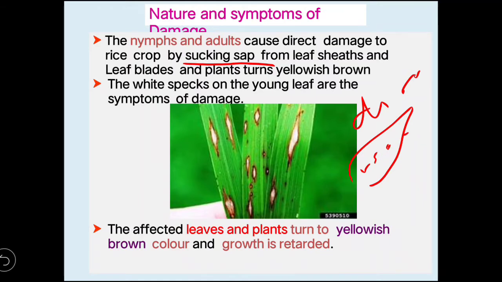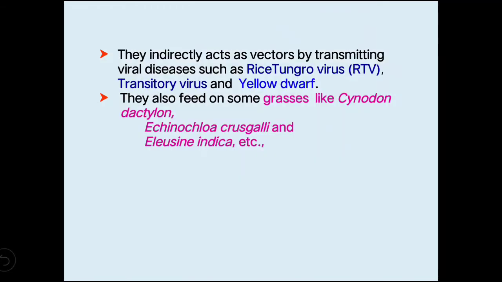They transmit a virus, that virus is rice tungro virus, which causes the disease in the plant. They also transmit transitory virus and yellow dwarf. But most importantly, you have to remember tungro virus is transmitted by GLH, the green leaf hopper.